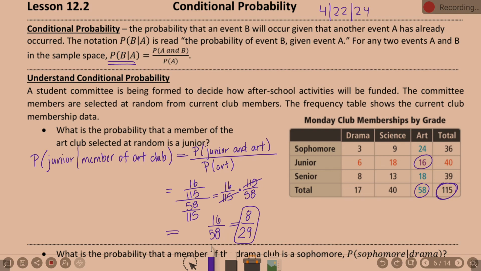Okay. Now, when we set this up, we did probability over probability, doing the official. What's the shortcut that we could have just done then? Could we have eliminated the 115s from the get-go? You can. You definitely can. On top was the total number of juniors in art club, right?